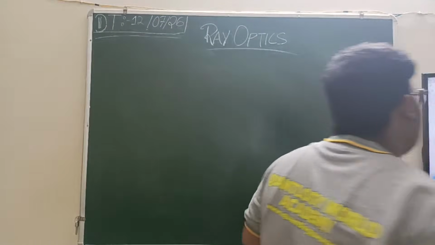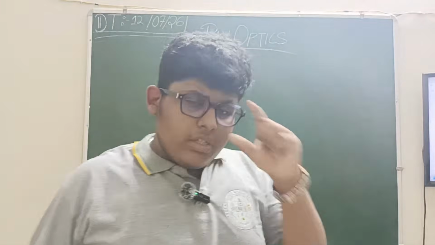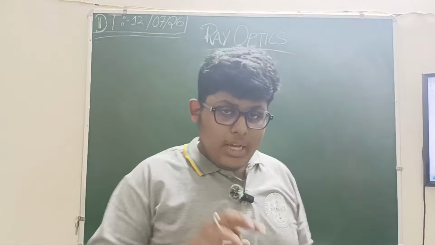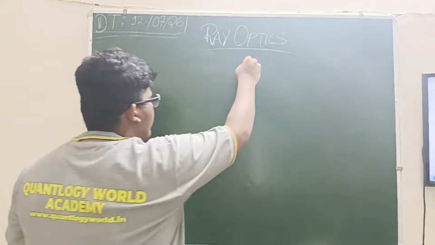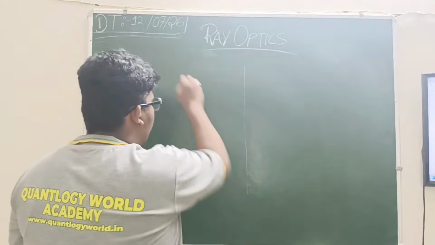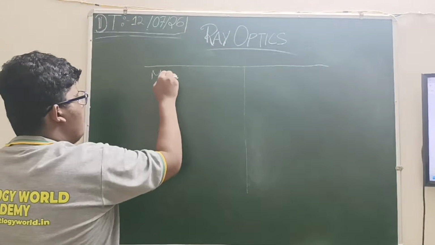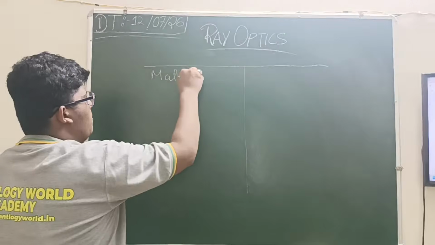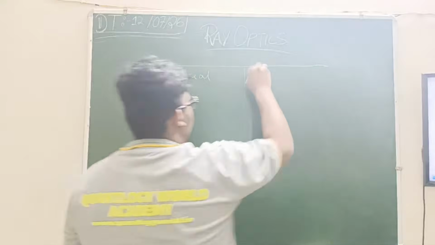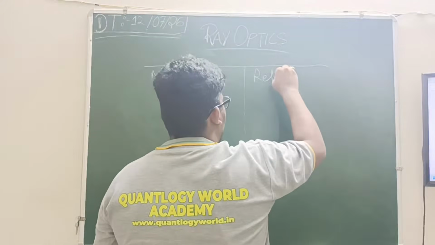Next, some refractive indexes of common materials are given. We will make a table with material and refractive index.